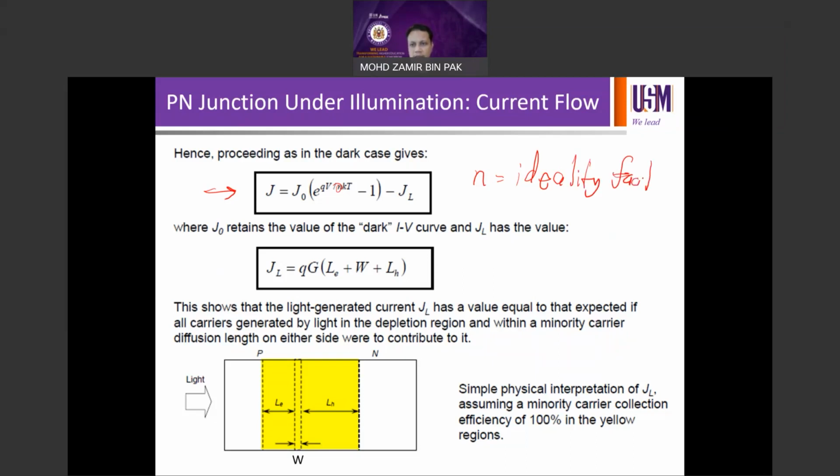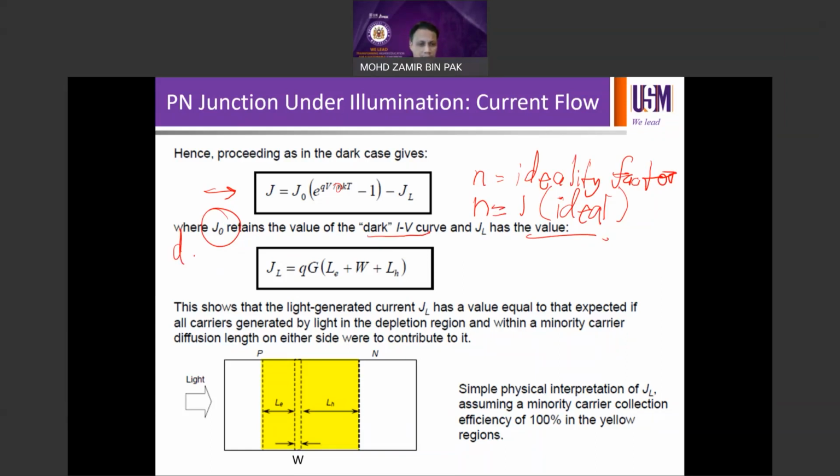Ideally, you want your diode to have an ideality factor of 1, ideal. But in the real case, where you do your fabrication and the measurement, it won't be 1. You won't get 1. So J naught retains the value of the dark, J naught being the reverse saturation current density, or dark current.